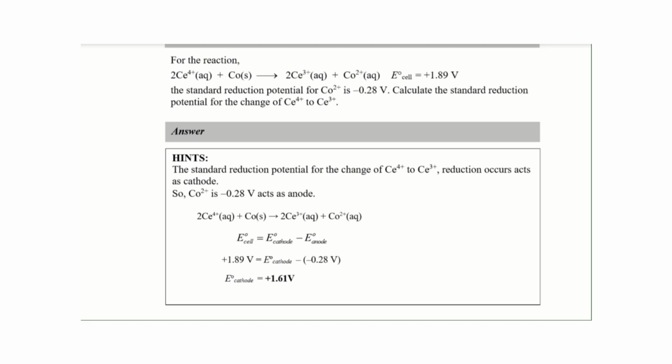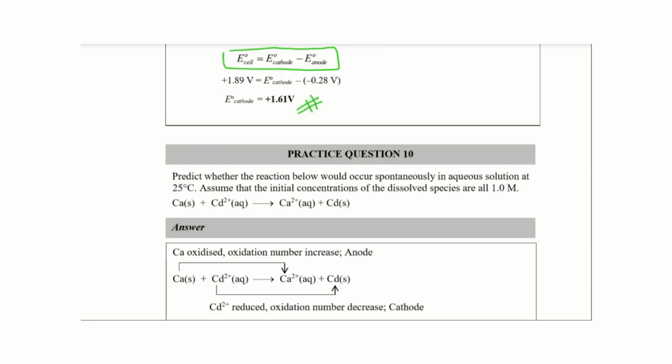Reduction occurs at the cathode, because they ask us to calculate for Ce4+ to Ce3+, which means it undergoes reduction at the cathode. So that means cobalt ion acts as the anode. Then we substitute the values in the E0 cell equation, and we get positive 1.61 volt.